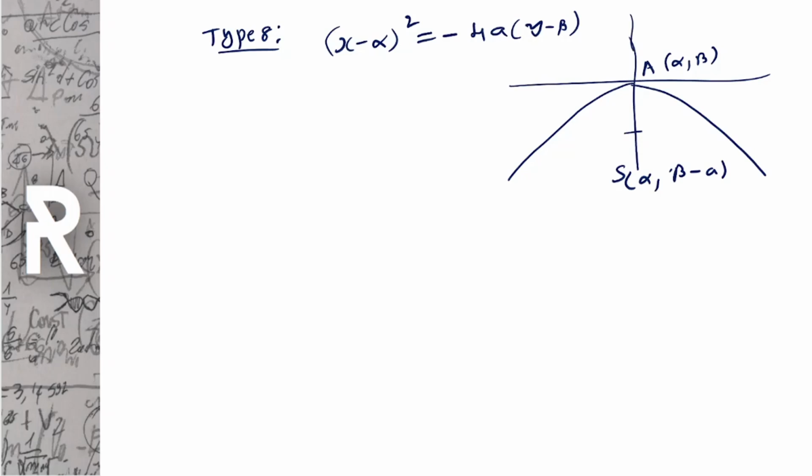What about the directrix here? Y equal to actually a plus beta. These are the types.